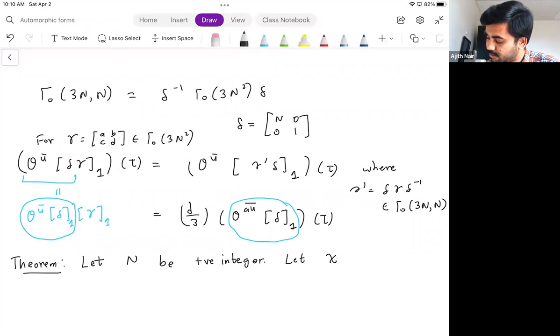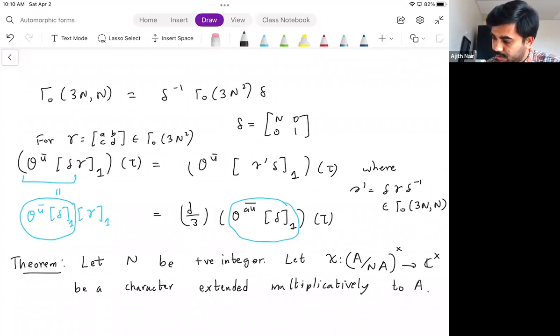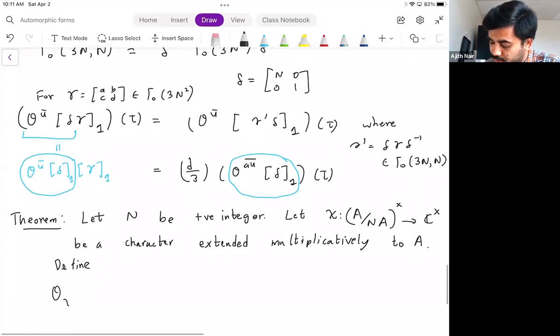So if you have a character of the group, the multiplicative group A mod Na, and you extend it multiplicatively to A, then define. So now I'm going to define what my modular form is.